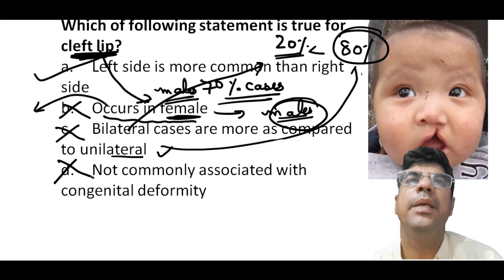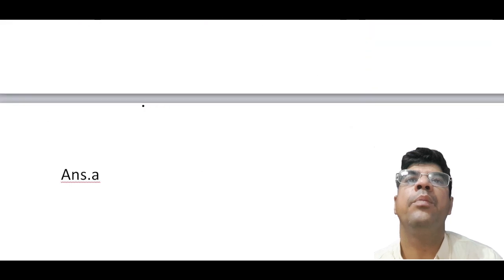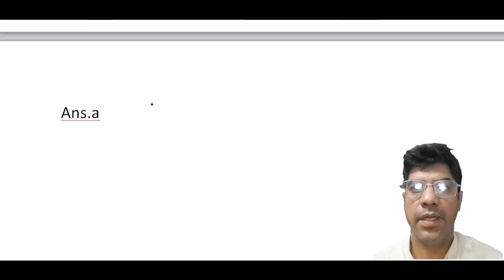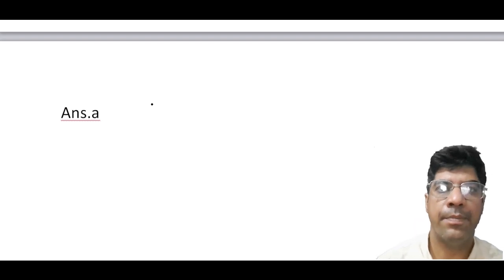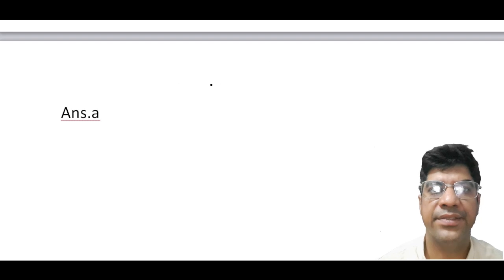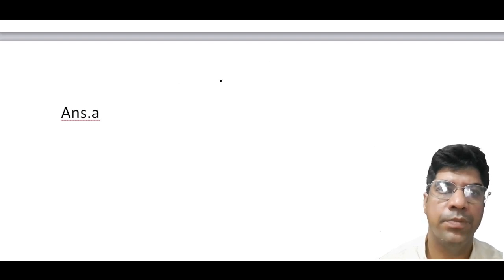Now, what are the key points that you have to remember for your exam? A few key points that are important you should know: remember that the incidence of the cleft lip varies among the different racial groups.